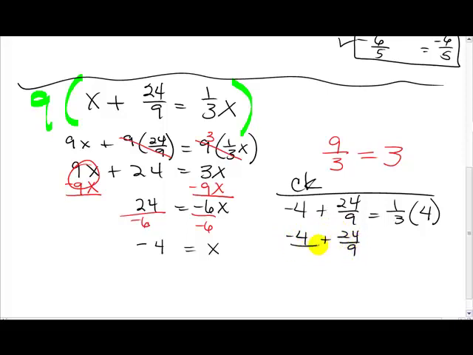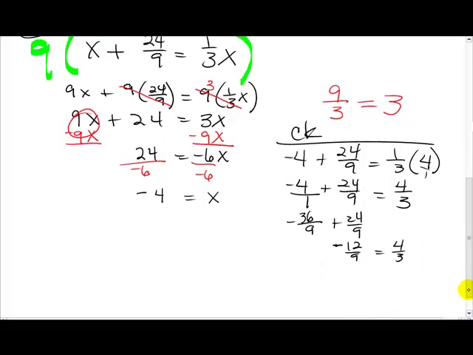Go ahead and write this over 1 because we're talking about fractions. 4 times 1, and remember that's over 1. 3 times 1. Need a common denominator. We'll use 9. I'll change this, so this is going to be 9. That's going to be 36. That will give me a negative 12/9.